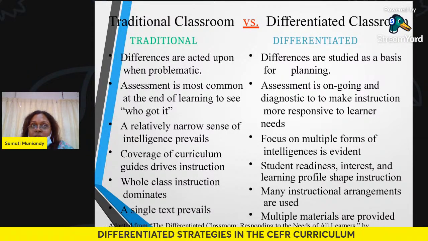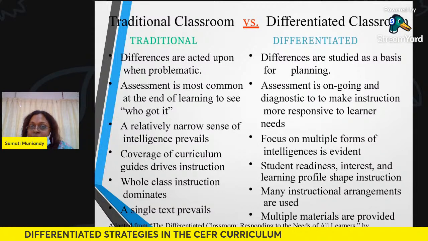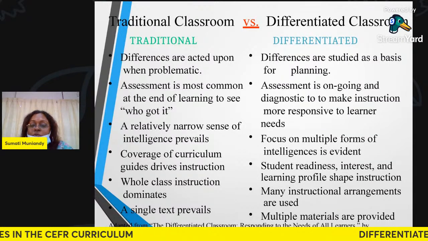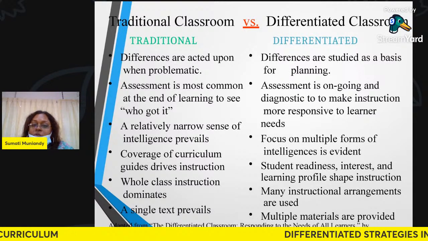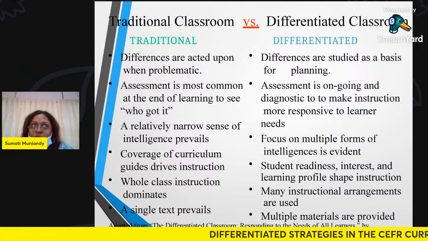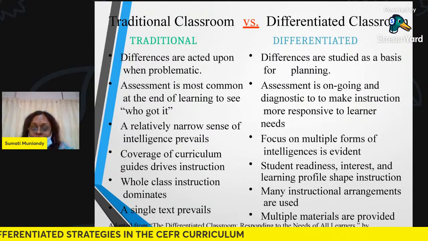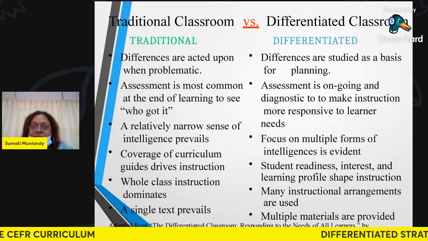You have to evaluate the students there and then. It is ongoing and diagnostic to make instruction more responsive to learners' needs. When you identify the problem, you guide the students. That's where the instructional strategies come in.